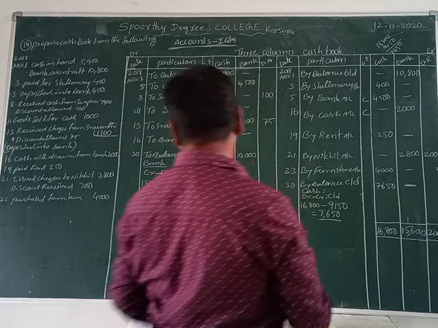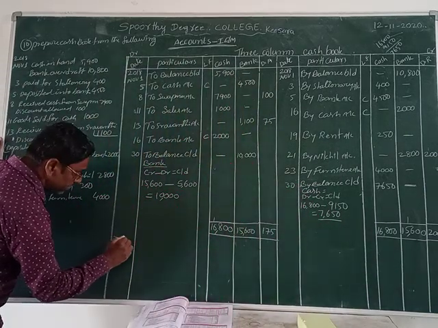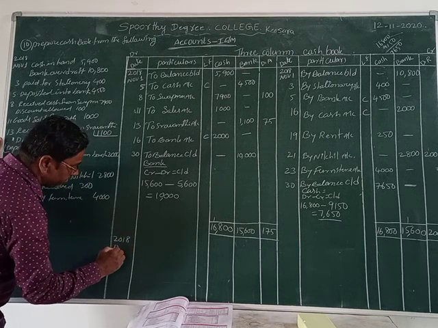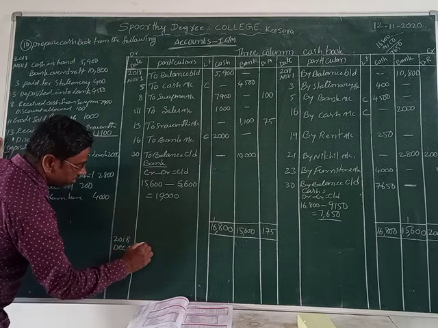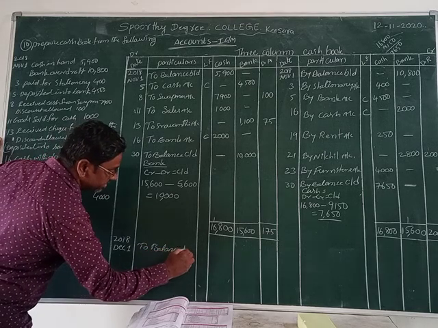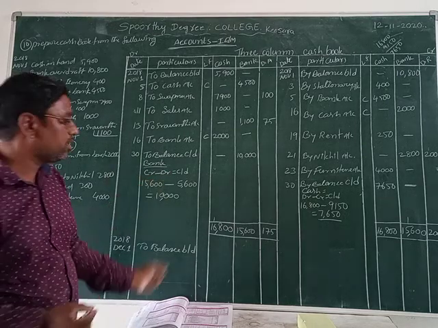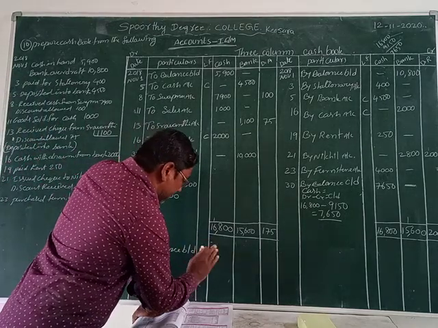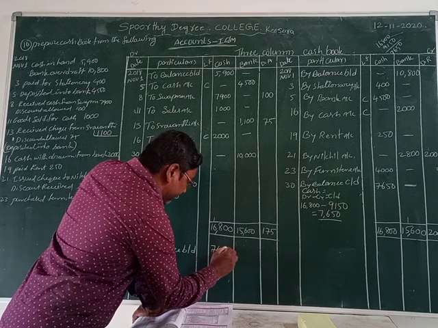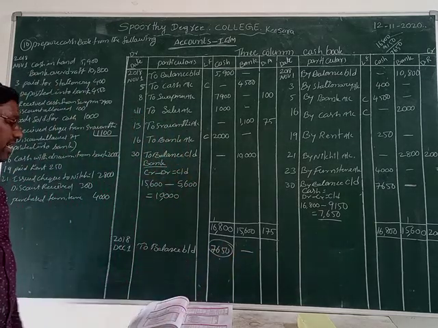Okay now, so how can we write that? Let us see. 2018 November after December 1st, to balance breakdown. What is the balance breakdown in cash? 7,650, isn't it? The bank has no debit balance carried on.